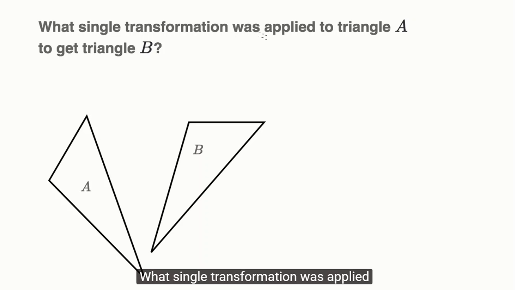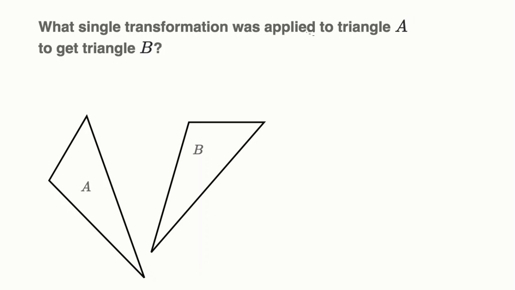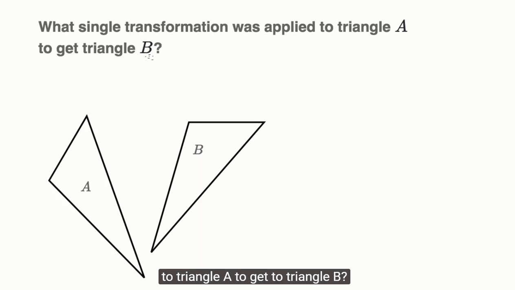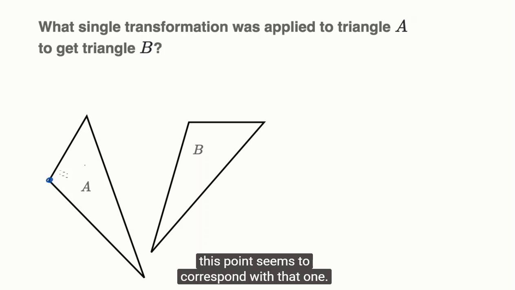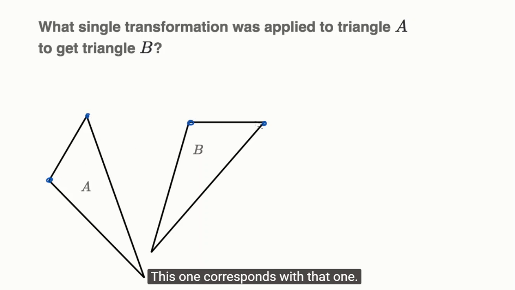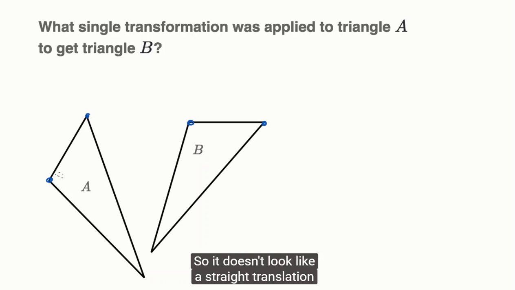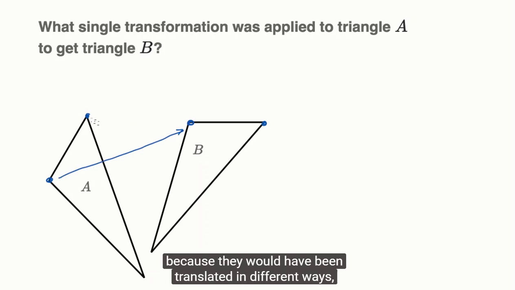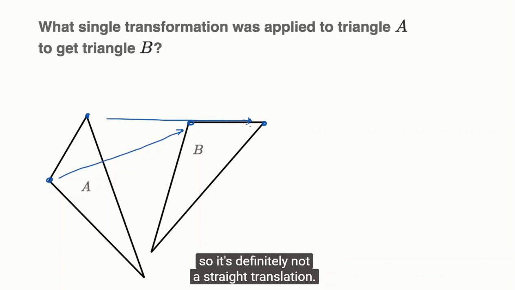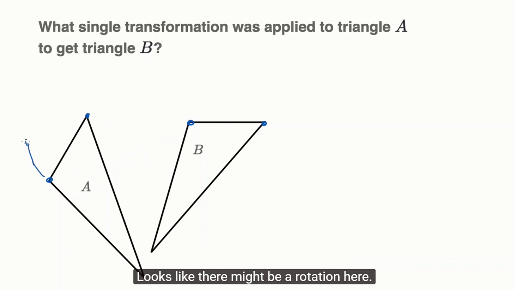What single transformation was applied to triangle A to get to triangle B? So if I look at these diagrams, this point seems to correspond with that one. This one corresponds with that one. So it doesn't look like straight translation because they would have been translated in different ways. So it's definitely not a straight translation. Let's think about it. It looks like there might be a rotation here.